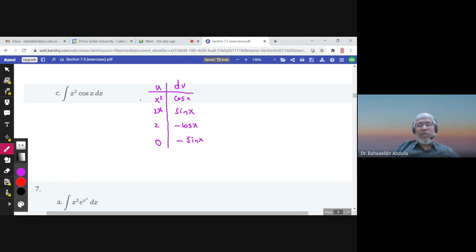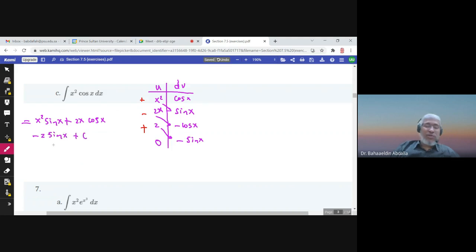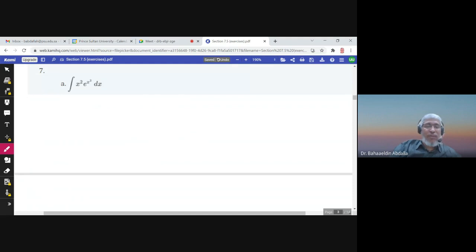Please review section 7.1 if you don't know what I'm doing. And now the answer would be x squared times sine x minus 2x times negative cosine, so it would be positive 2x cosine x, and then minus 2 sine x plus c. That would be the answer.